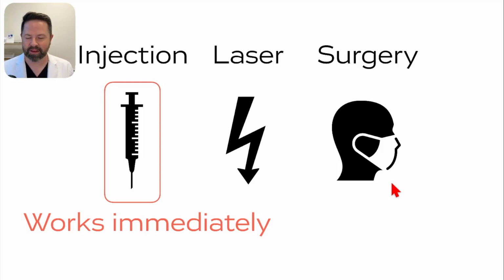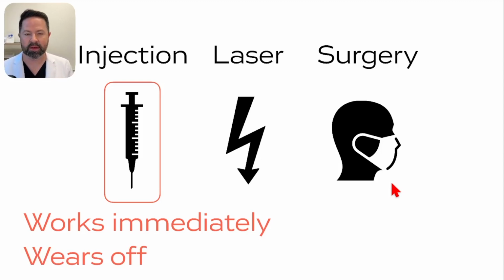The thing about each one of these treatments is they all have their individual role depending on where we are in the treatment process. We do an injection when there's bleeding right then and there because we want something to work immediately. Now, the disadvantage, though, of injecting inside of the eye is that it wears off. And the entire purpose of injecting the eye is to stop the bleeding.